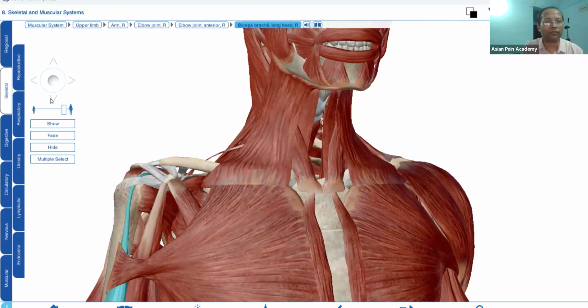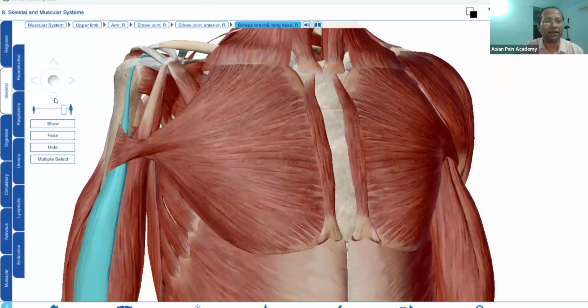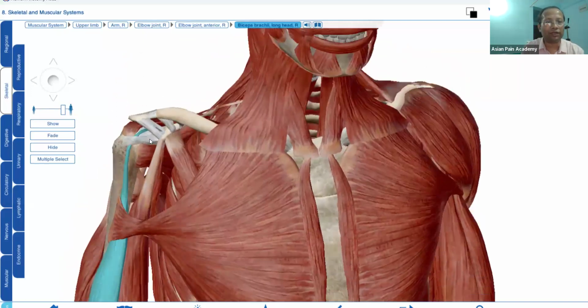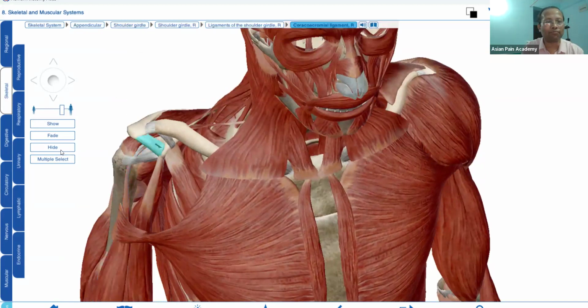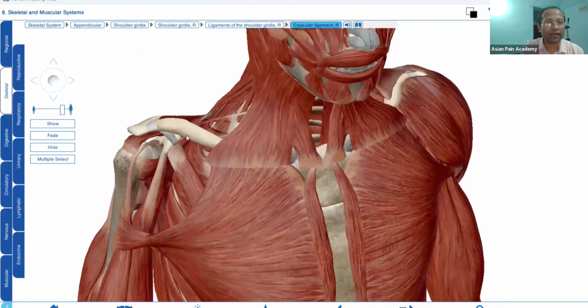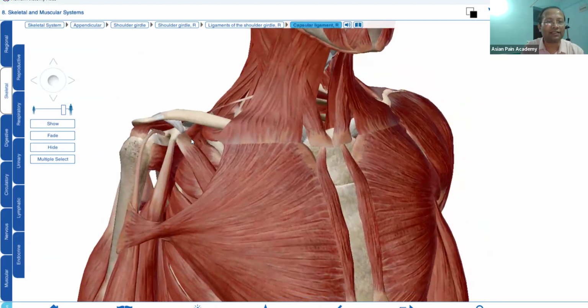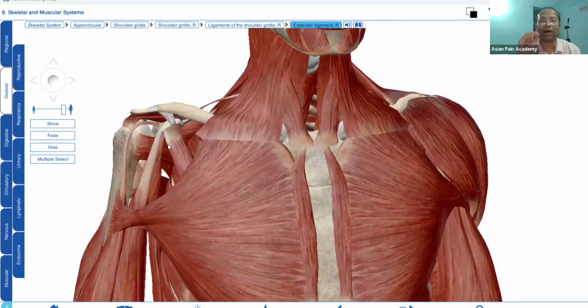Okay, so this is the biceps tendon, and if we remove everything, then we will see where the biceps tendon attaches. So this is going inside the joint and to the glenoid labrum.